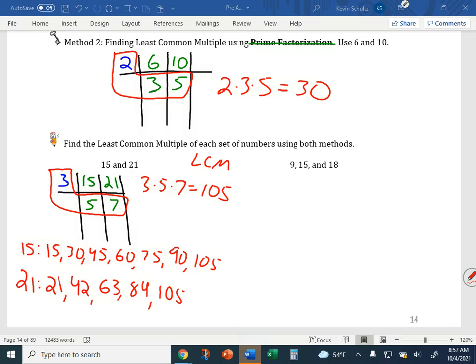If you're not that person, if you like the more organized way that keeps the numbers a little bit smaller, you can do it with the longhand too, but it's a little bit more organized.